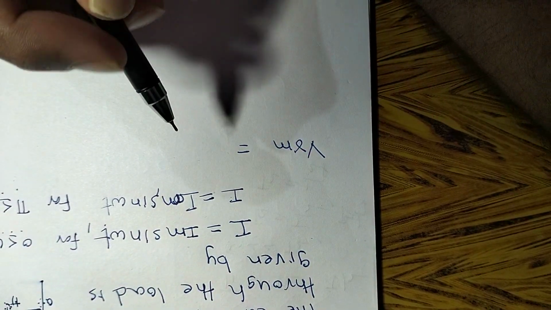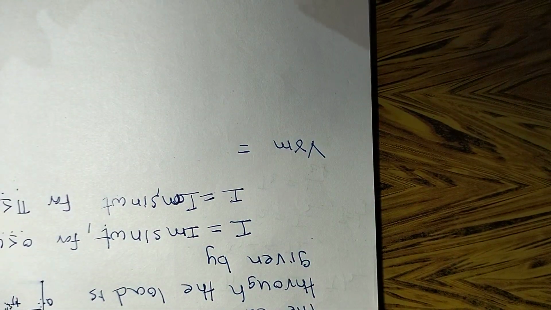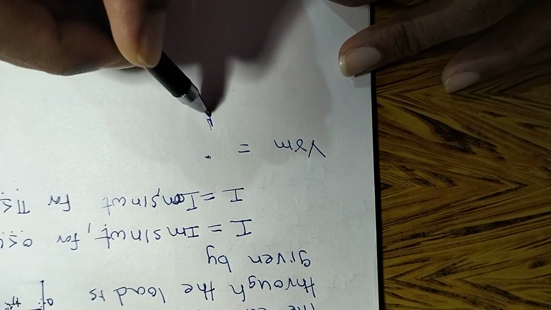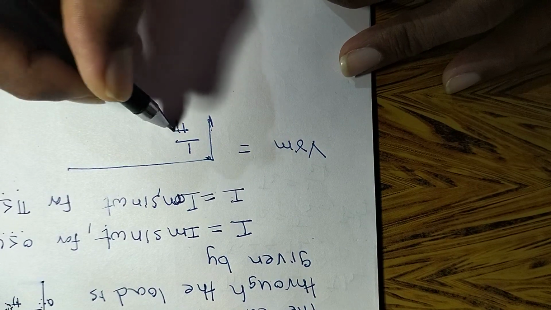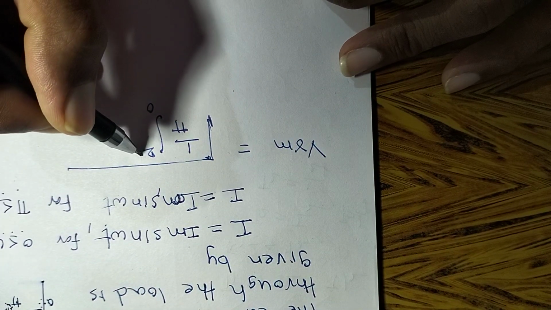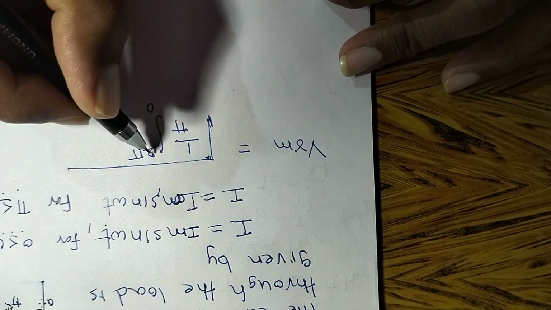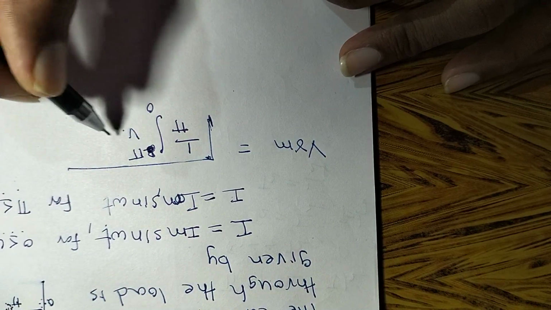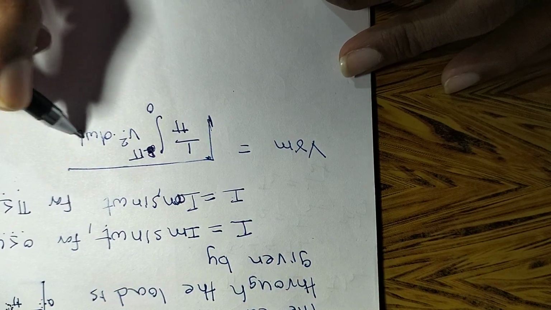So Vrms is the root mean square. I take the input voltage and square it, then take the square root of 1 by pi integral 0 to 2 pi of V squared d omega t.